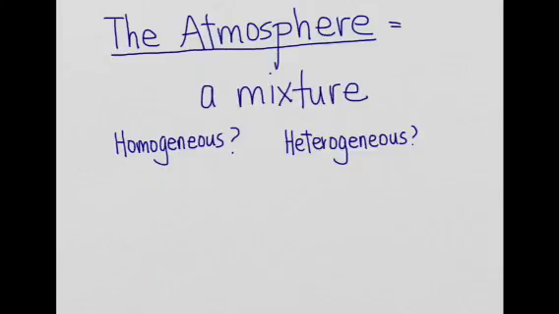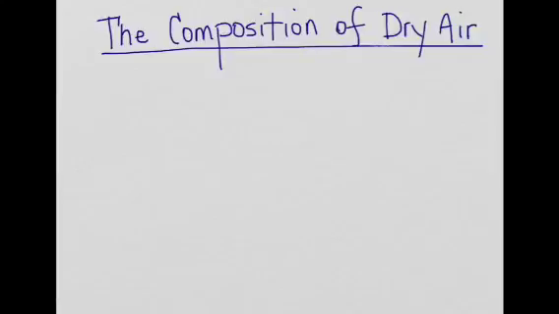Now, our atmosphere is also a mixture, but would the atmosphere be a homogeneous mixture or a heterogeneous mixture? Well, actually, the atmosphere around us is a homogeneous mixture, not a heterogeneous mixture. And we've talked about the composition of air before, and so I hope that you will remember that air is mostly nitrogen.